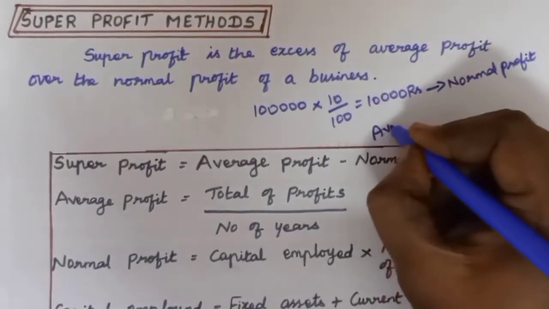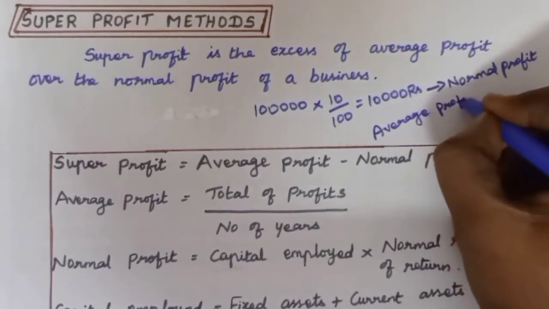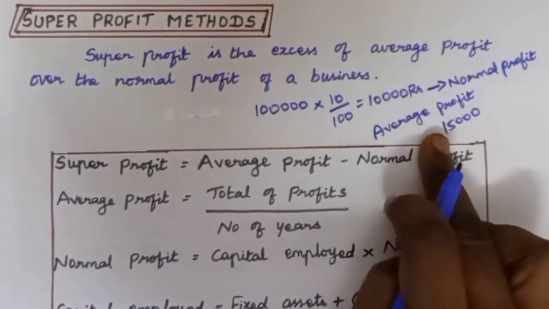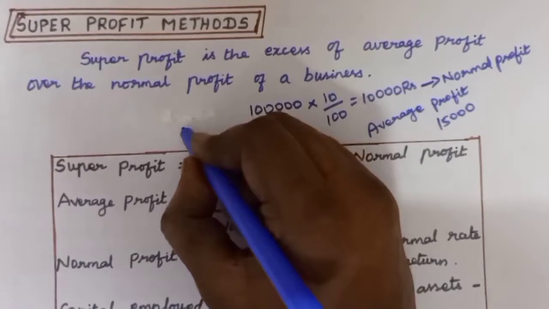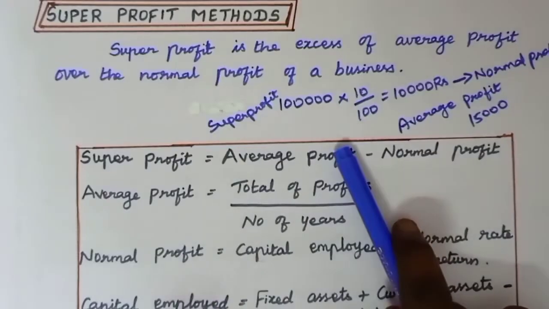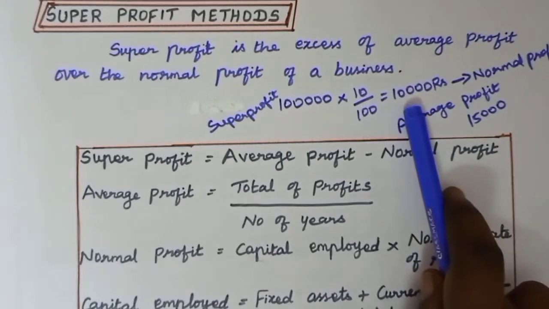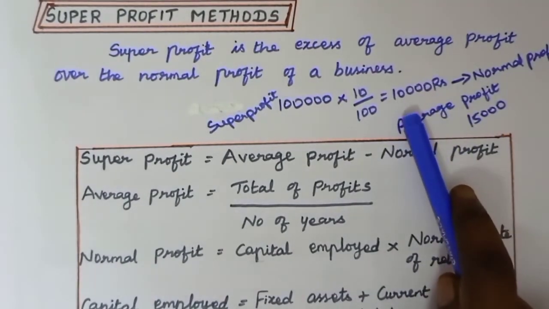The average profit of the business for the past 4 years is 15,000. The difference between the average profit and the normal profit is called super profit. Super profit in this example is average profit minus normal profit, that is 15,000 minus 10,000, 5,000 rupees.